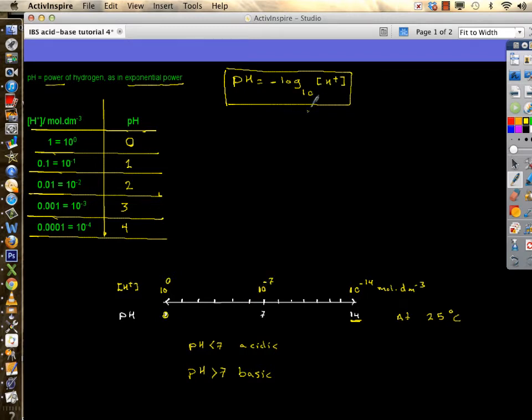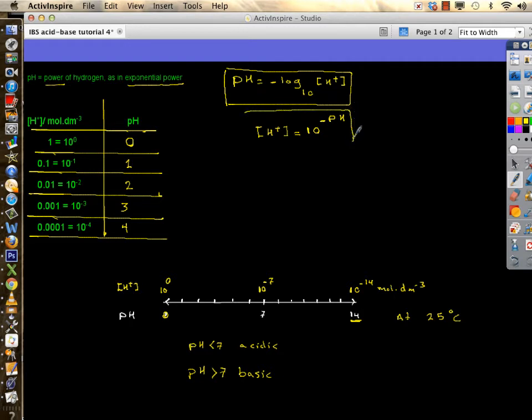One other related piece of information is, if you have pH and you want to find the concentration of hydrogen, you can take the inverse log in a calculator, or just remember this is 10 raised to negative pH. So two related equations.